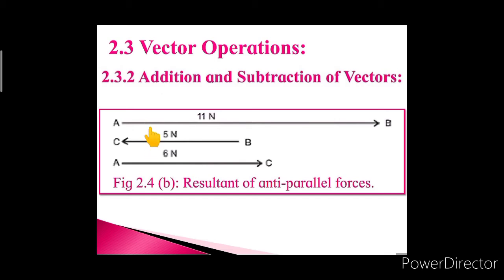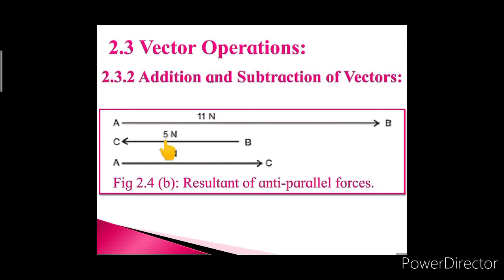Hence, when we add these two vectors, because of the opposite direction of vector BC, we have to take its negative sign. As we had discussed, the negative sign indicates the opposite direction.